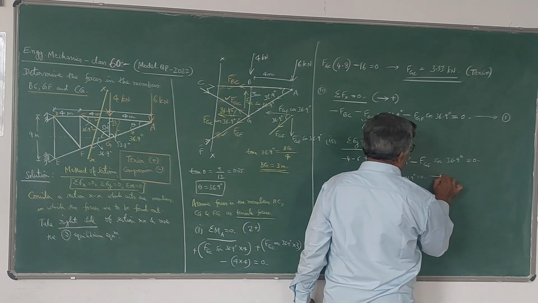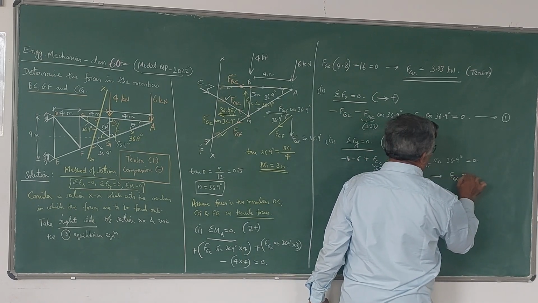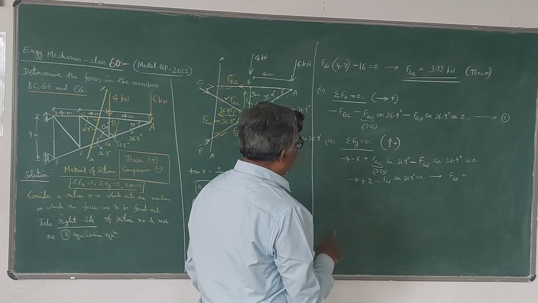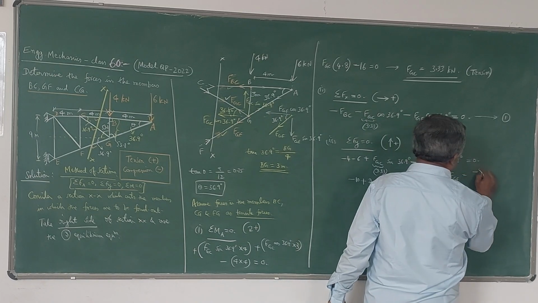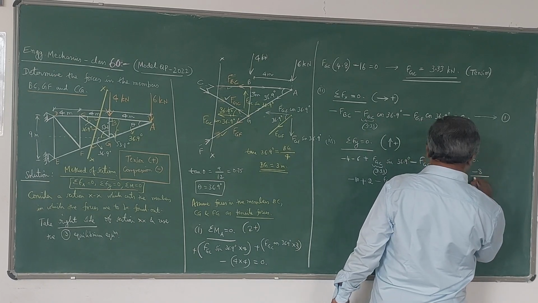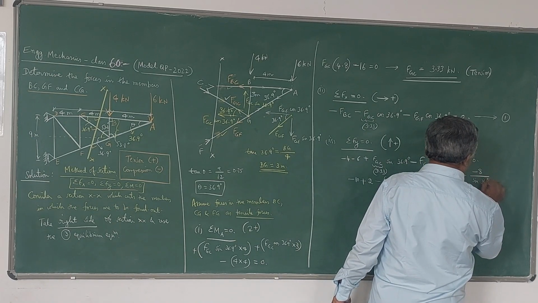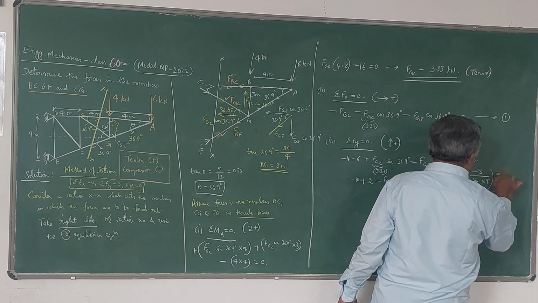So from this you can calculate FGF: FGF will be equal to minus 10 plus 2, which is minus 8, divided by sin 36.9. Please note that this is a negative value.